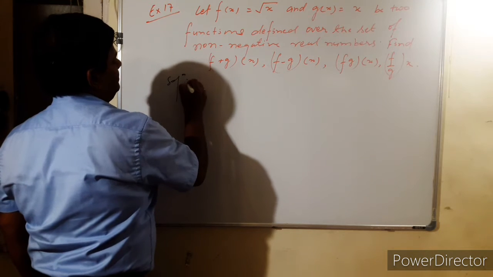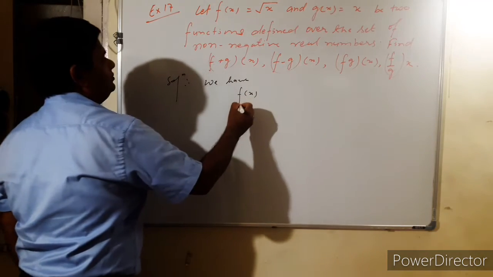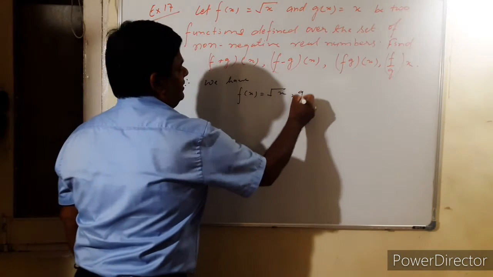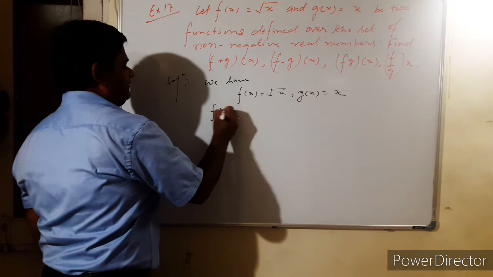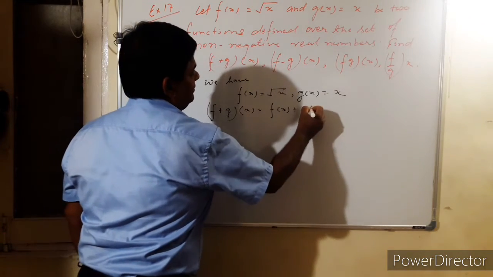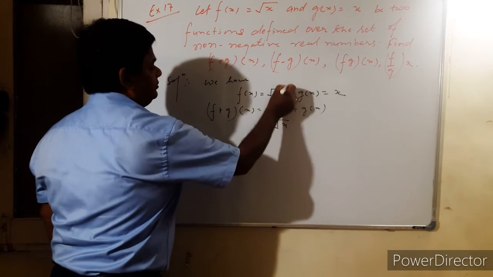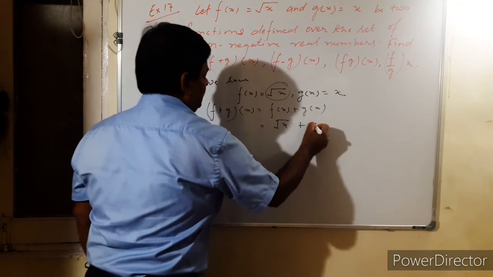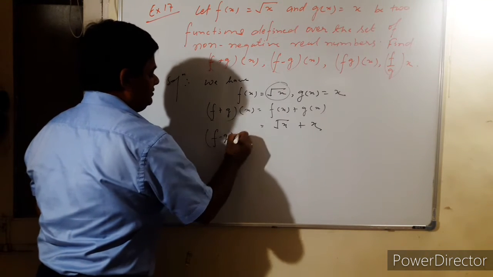Solution. Here we have f(x) is equal to root x and g(x) is x. We have to find (f plus g)(x). So it becomes f(x) plus g(x), root x plus x. Now we have to find (f minus g)(x).